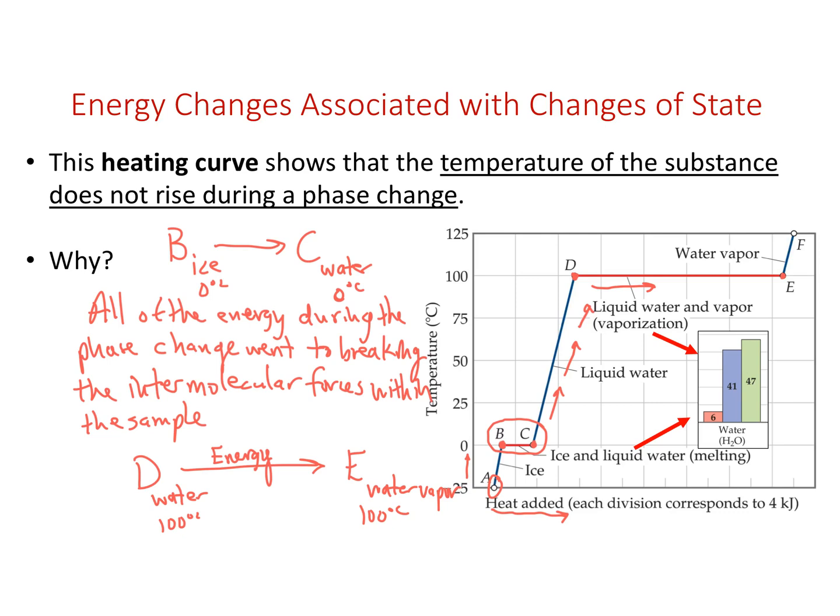Once you broke all those intermolecular forces, you converted the sample completely from a liquid into a gas. Then an increase in temperature could occur because now the energy you're putting into the sample can go to increasing the average kinetic energy or the temperature of the sample, as opposed to changing the phase of that sample and changing and rearranging the intermolecular forces of that sample.